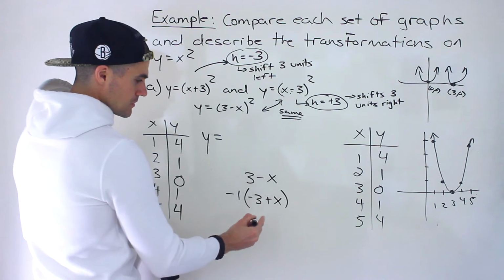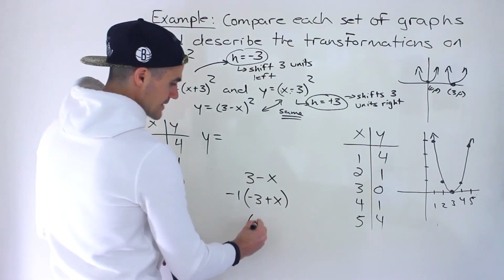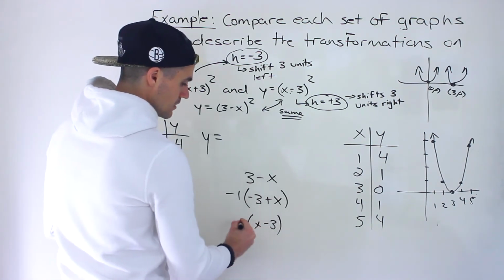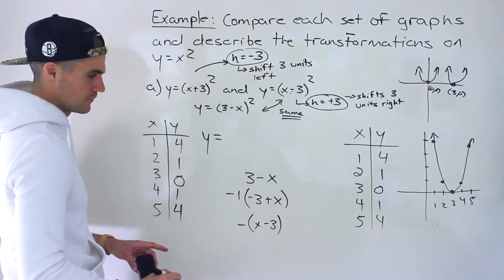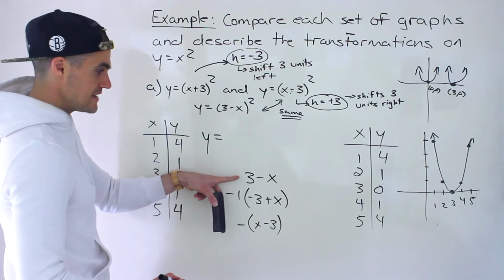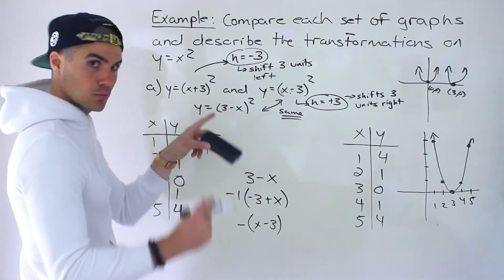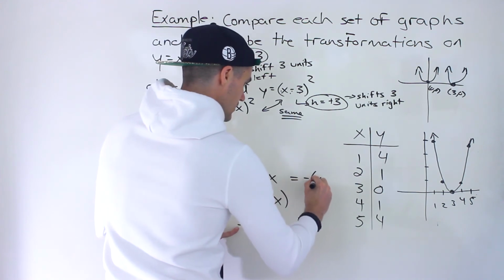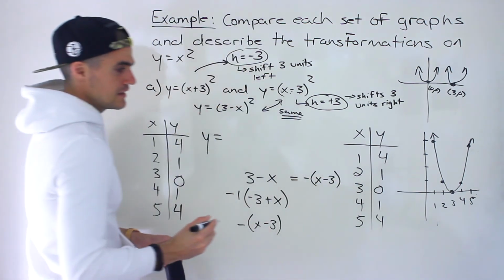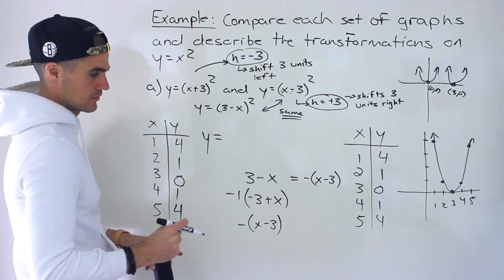And then this negative 3 plus x, we can rewrite as x minus 3. And then there's still that negative 1 in front, so it's like a negative over here. So this 3 minus x, we're just dealing with what's in the bracket, and this, they are the exact same thing.